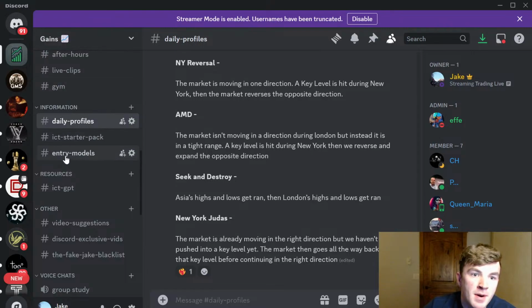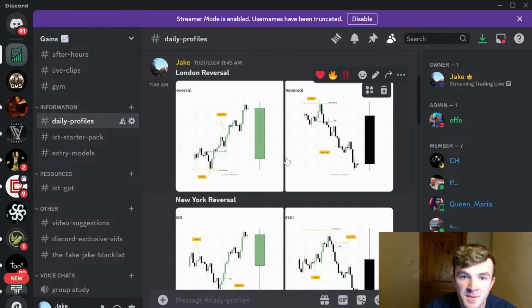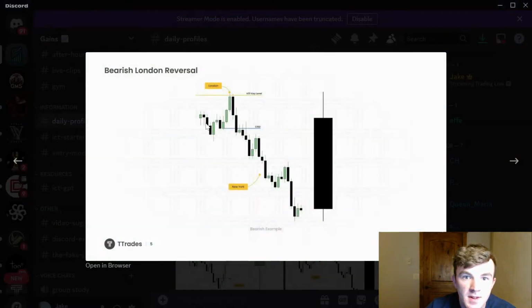And I'm actually going to put another one here for weekly profiles that I just found. It's pretty sweet. So I'll put that in here. But London pushes into key level, changes to delivery, retest, and then boom, throughout New York.